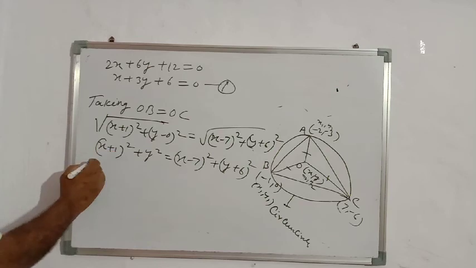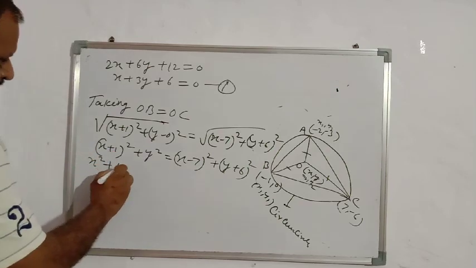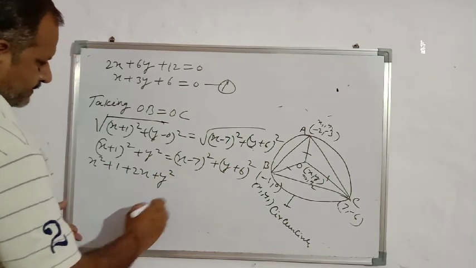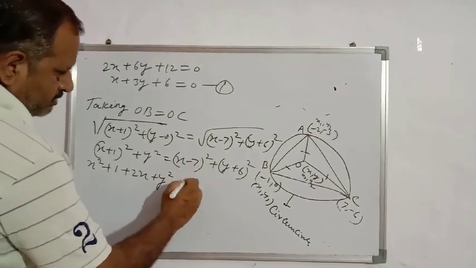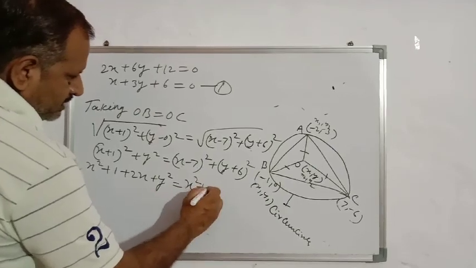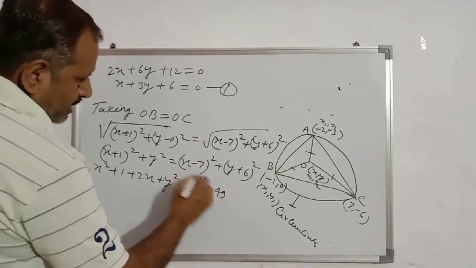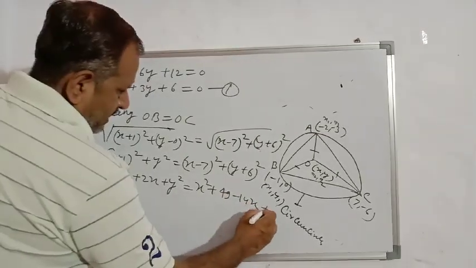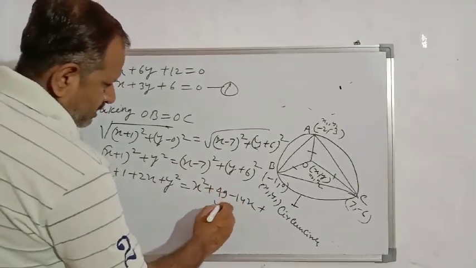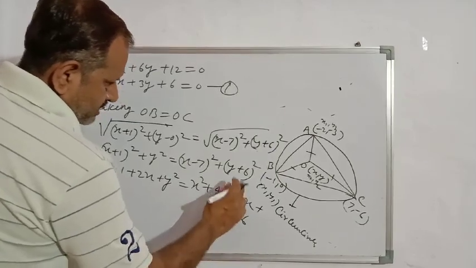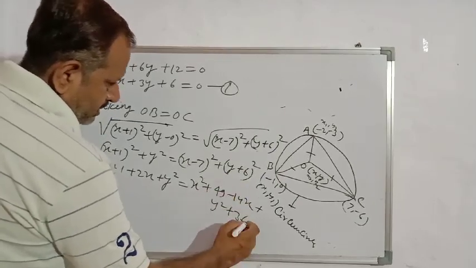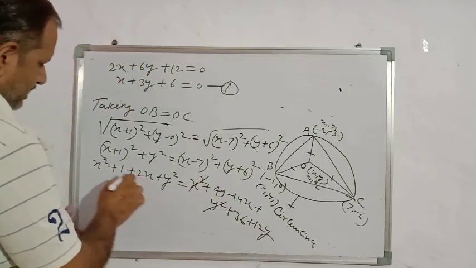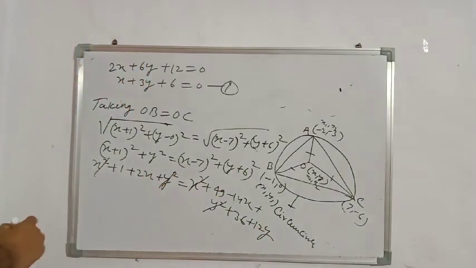Use a plus b whole square: x square plus 1 plus 2x plus y square. For a minus b whole square: x square, 7 square is 49, minus 2ab, minus 14x, plus y plus 6 whole square, y square, 6 square 36, plus 2ab, 2 sixes are 12y. x square and y square cancel from both sides.